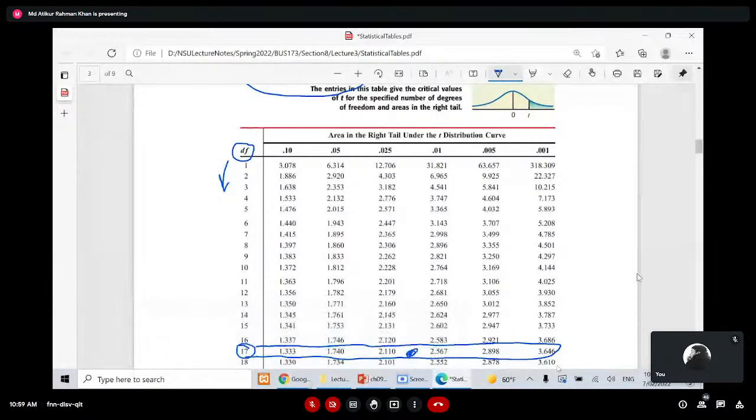Now go to the corresponding tail probability. The corresponding probability also falls between these two values, 0.025 and 0.01.